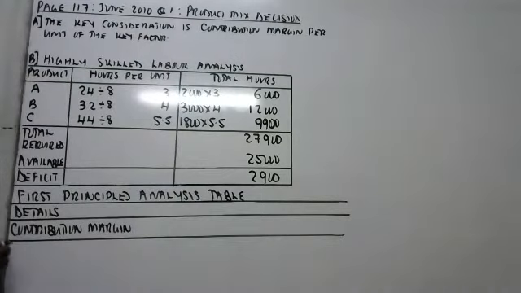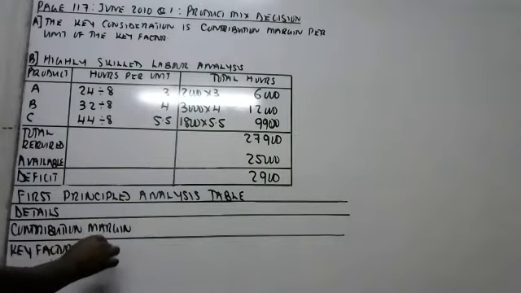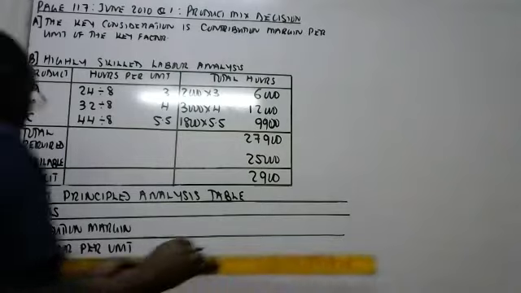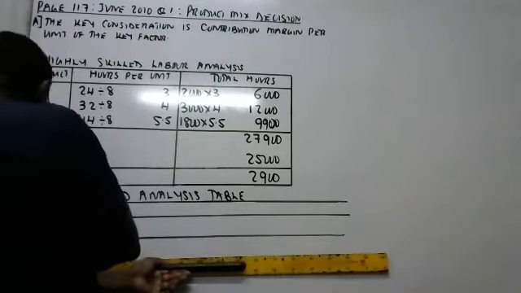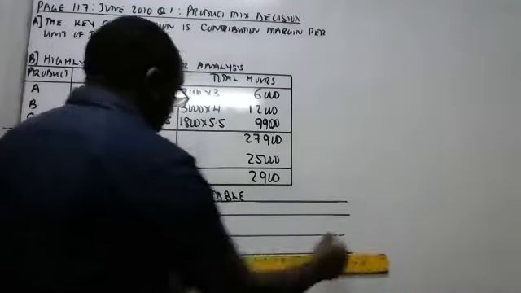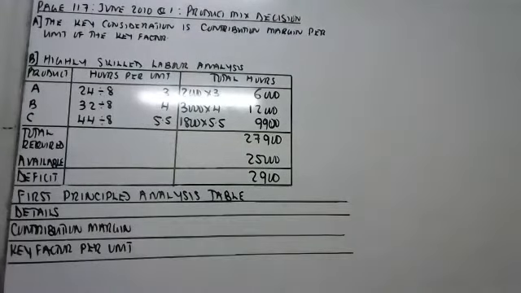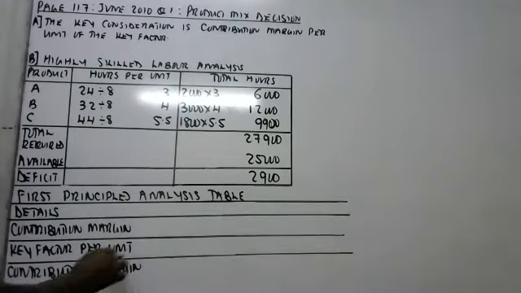Then there is another one called key factor per unit. Then there is another one now called contribution margin per unit of key factor.